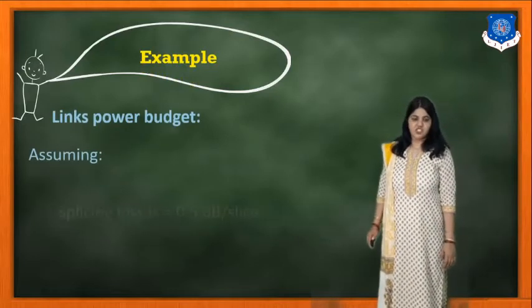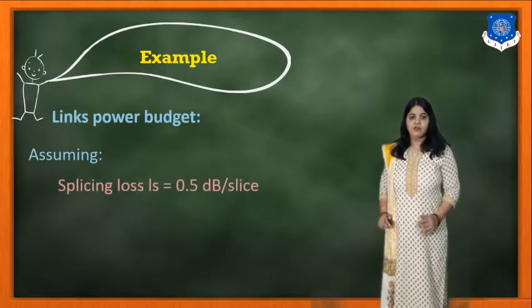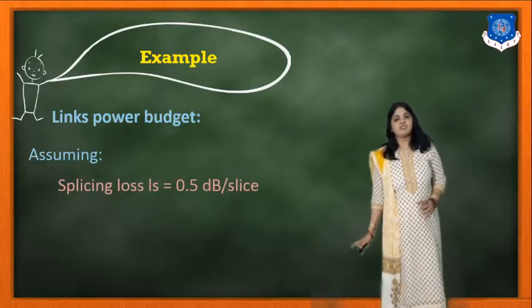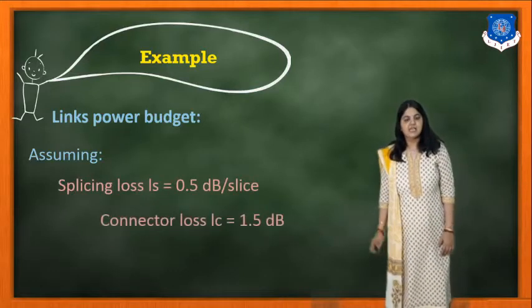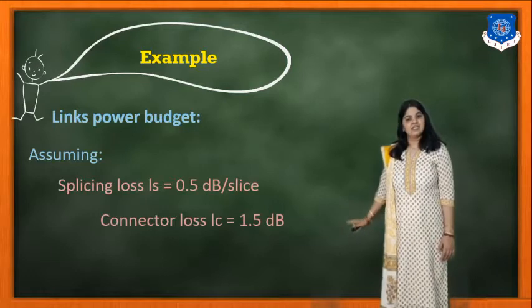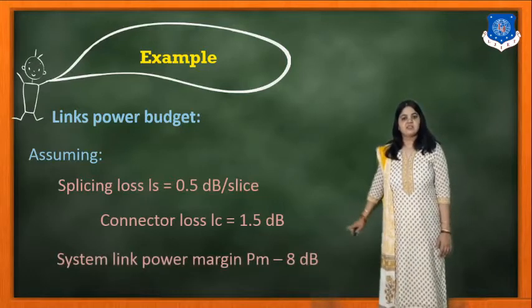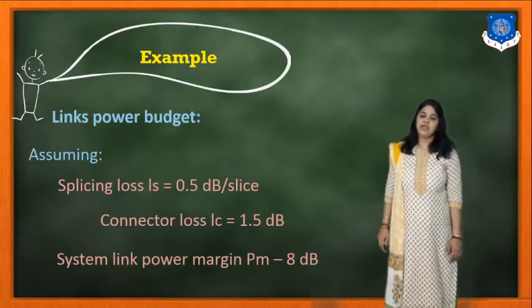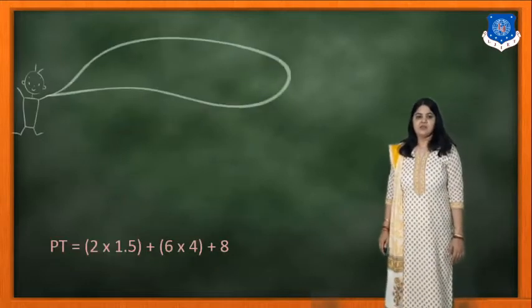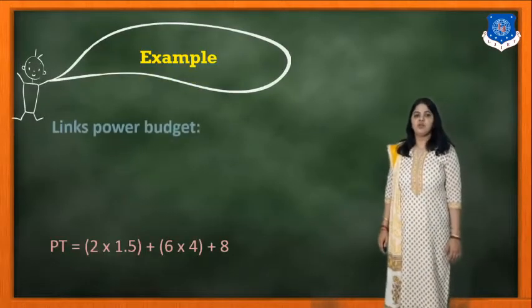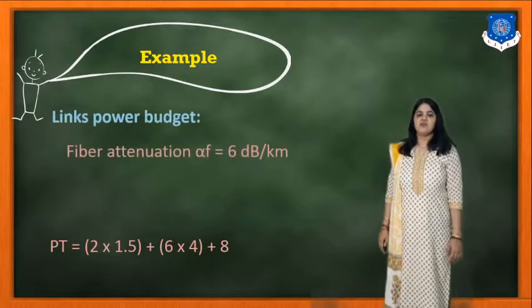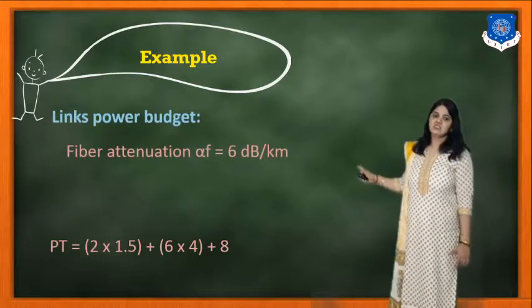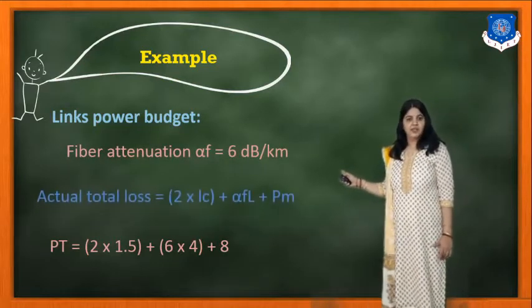Now the link power budget. We are assuming splicing loss of 0.5 dB per splice, connector loss LC of 1.5 dB, and system link power margin PM of 8 dB. Now the total power loss. The fiber attenuation alpha F is 6 dB per kilometer.